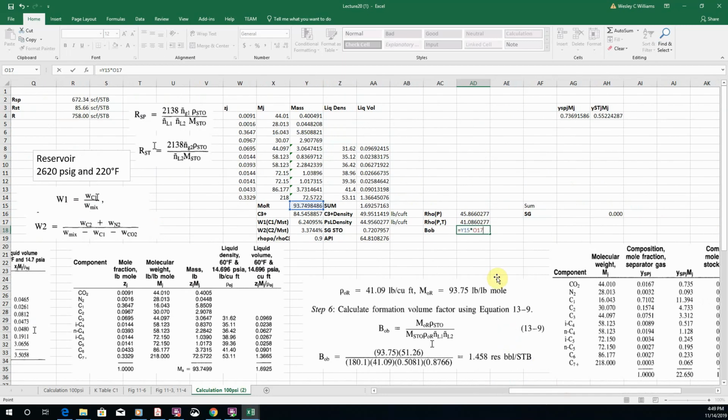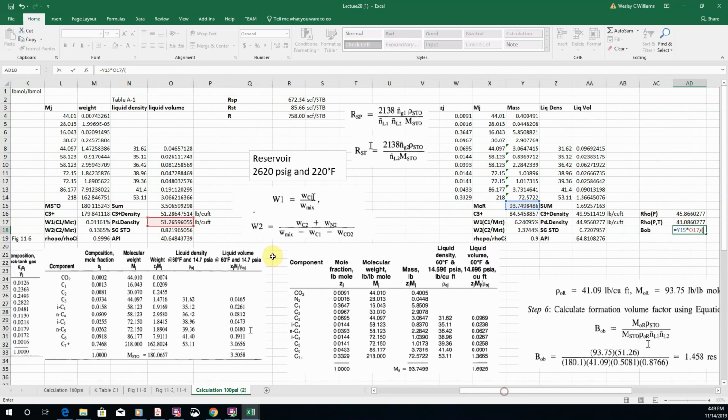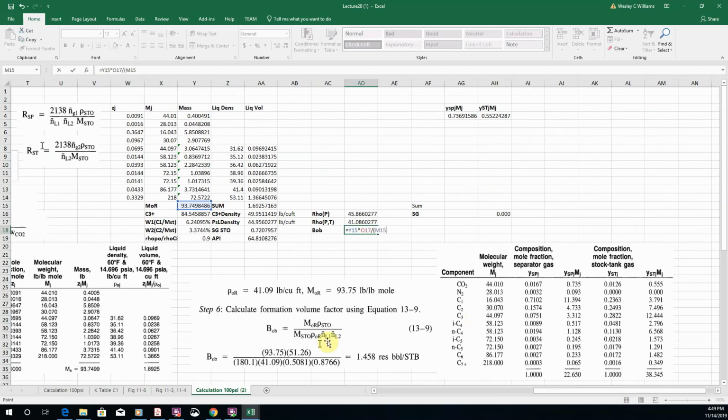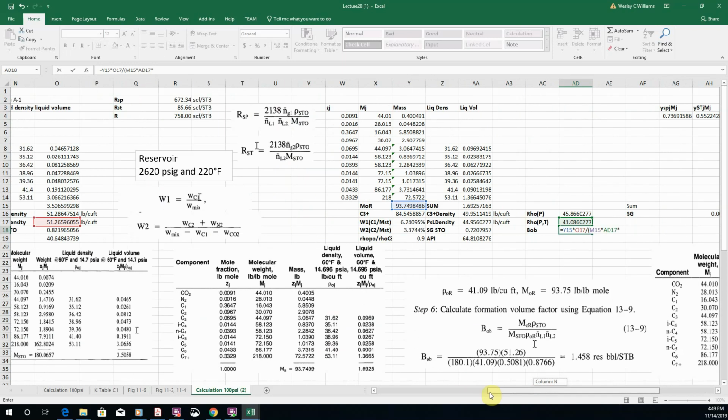And then we need to divide this by the stock tank molecular weight times the corrected reservoir density times NL1 and NL2.